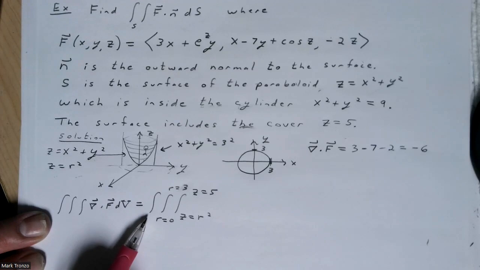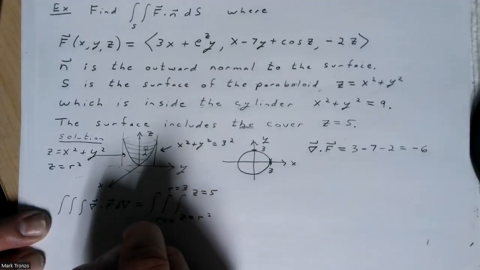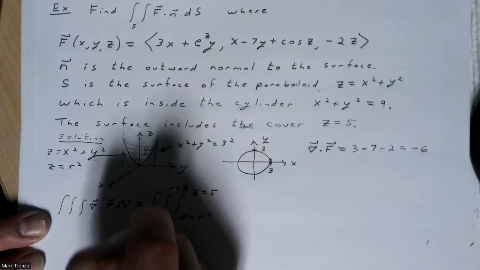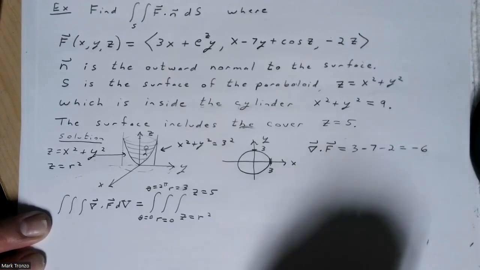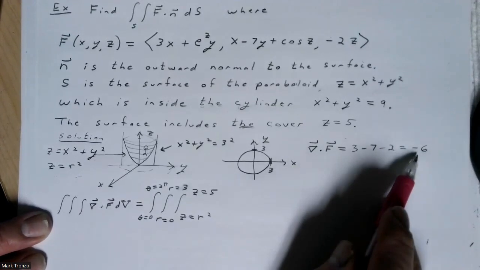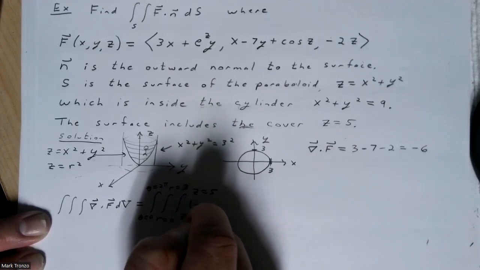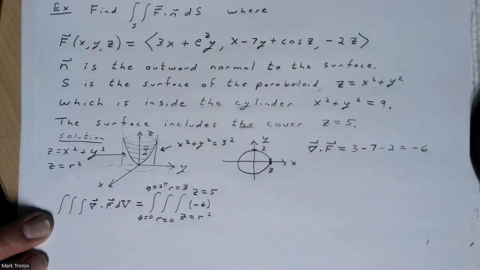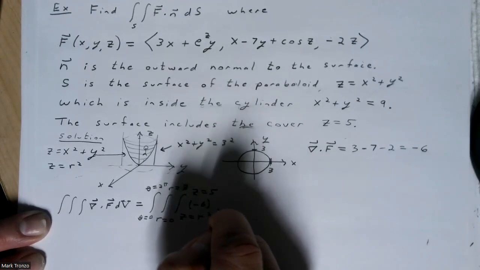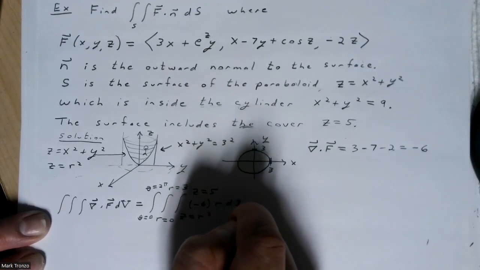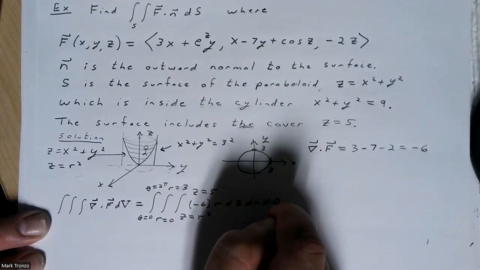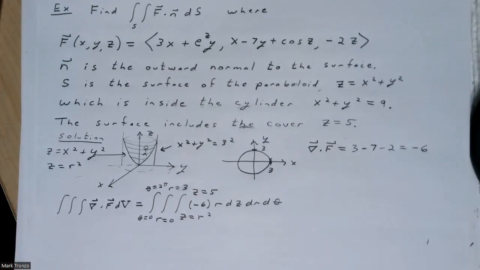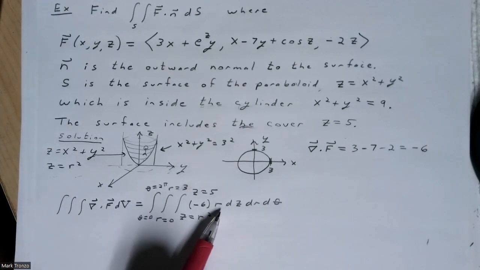And then finally, our theta will go 0 to 2 pi. And we have our divergence here, which is minus 6. And then it's going to be r dz dr d theta. Always remember, when you switch to polar or cylindrical, you have to include the Jacobian r.